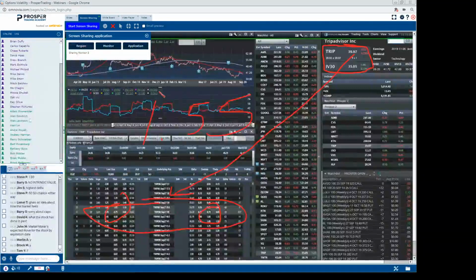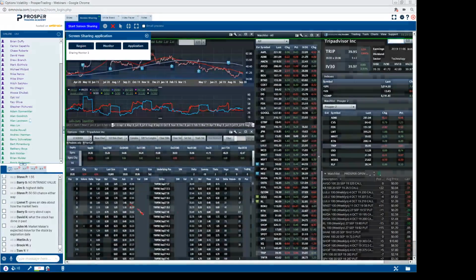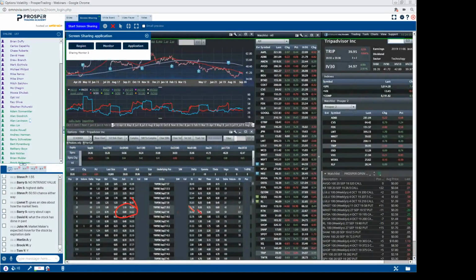So the market is pricing in right now, and again, this is all based on implied volatility, guys. Okay, it's all based on implied volatility. So with the implied volatility in TRIP right now of roughly 34%, this straddle is priced at about $1.53.